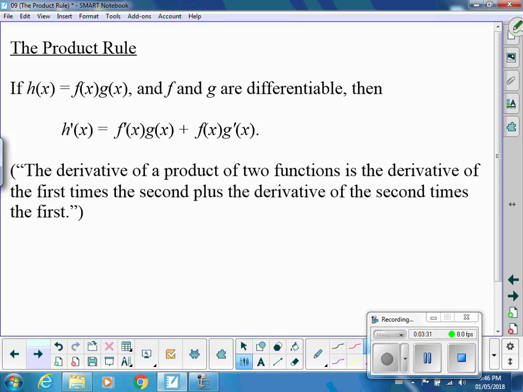If h of x equals f times g of x, and both of the functions are differentiable, meaning it's okay to take derivatives, then I can compute h prime of x by doing f prime of x times g of x plus f of x times g prime of x. Or, the derivative of a product of two functions is the derivative of the first times the second plus the derivative of the second times the first. So you only differentiate one at a time and multiply it by the other one without taking its derivative.